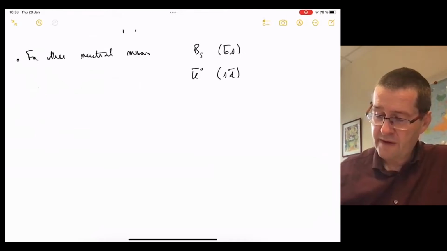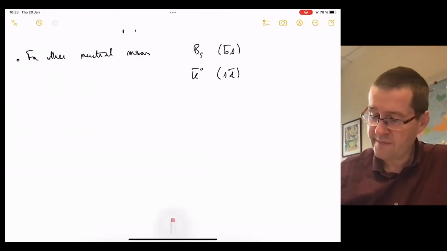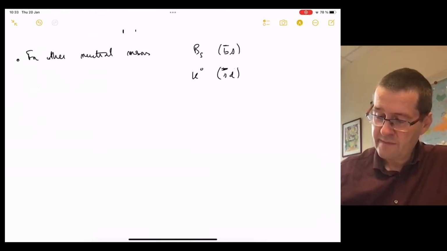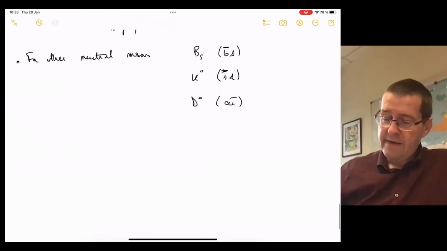Then you will have, well, okay, if I want to be reasonably consistent, since I started with this, let's write it this way: BS, and then the D0, which is C U bar.